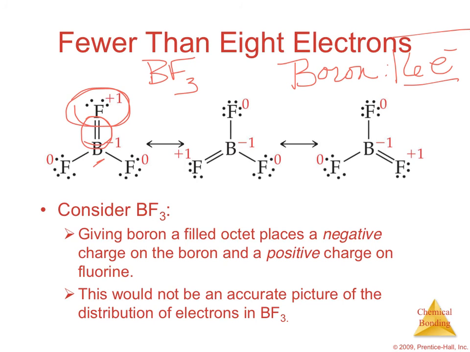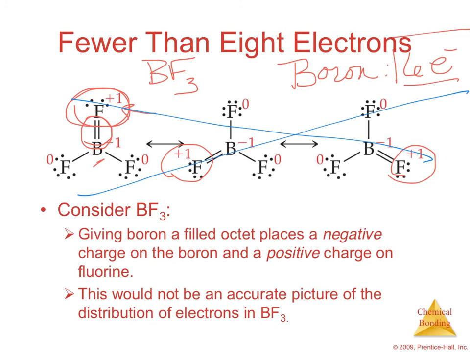fluorine, the most electronegative atom ever, has to take on a formal charge of +1. That is not going to happen. So no matter how you draw it, one of the fluorines is going to have a formal charge of +1. No, no, no. Fluorine is way too electronegative to take on a positive charge ever.